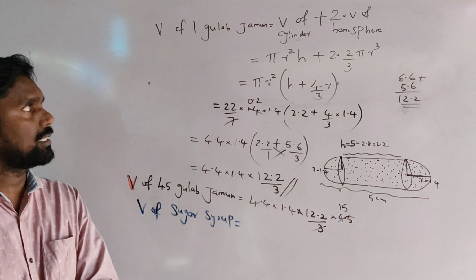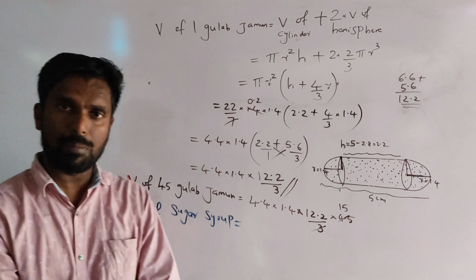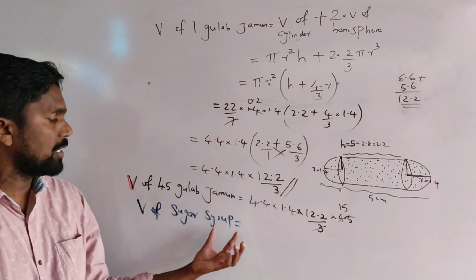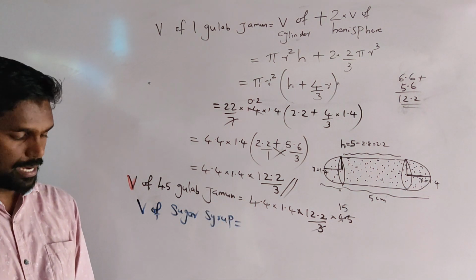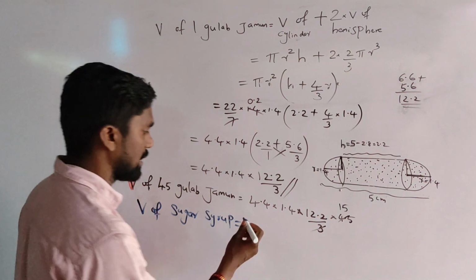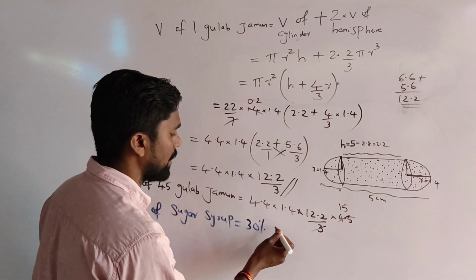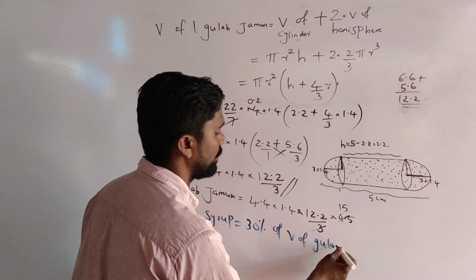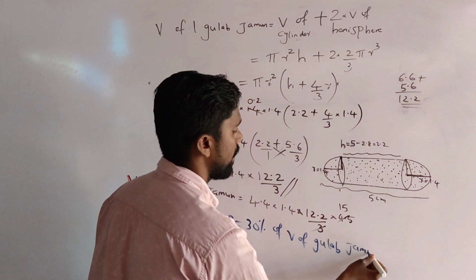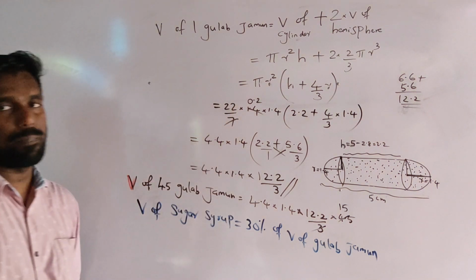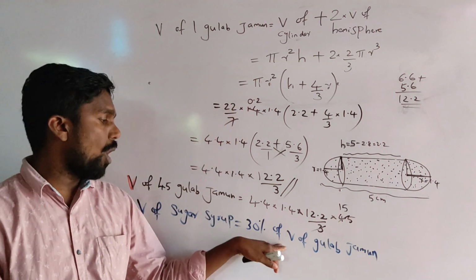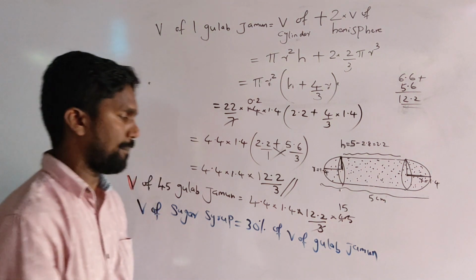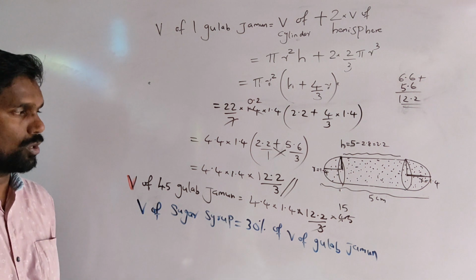You can find it by two methods: one gulab jamun's volume into 30% and then into 45, or otherwise 45 gulab jamuns into 30%. 30% is given, so 30% of the volume of the gulab jamuns is the volume of the sugar syrup.